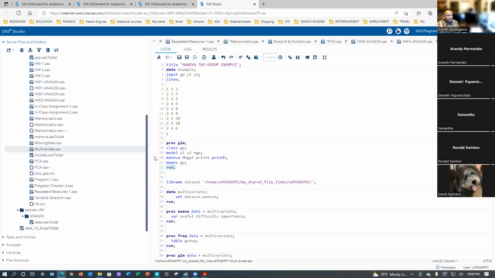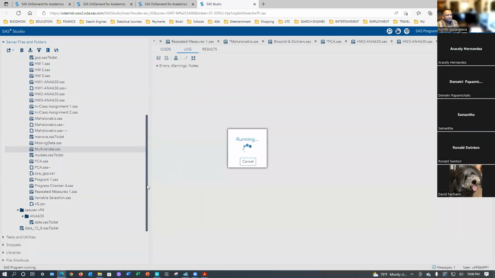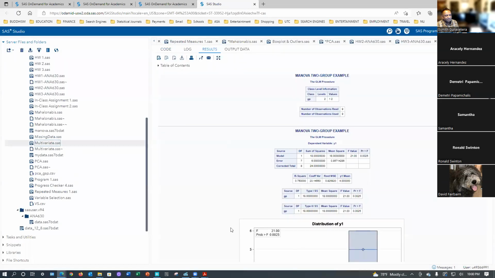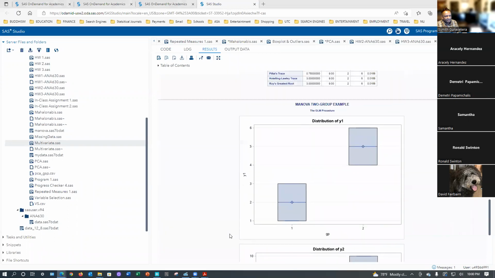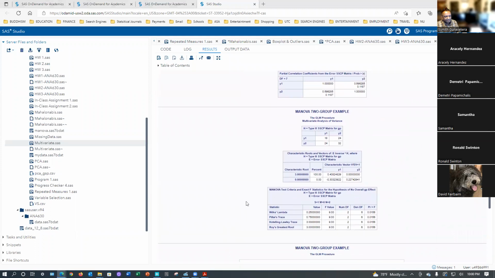Let's go to our multivariate one. You can check.